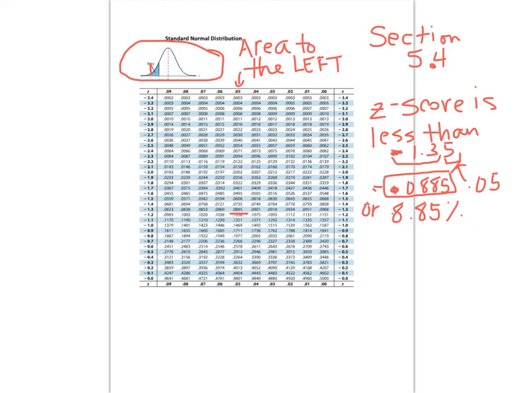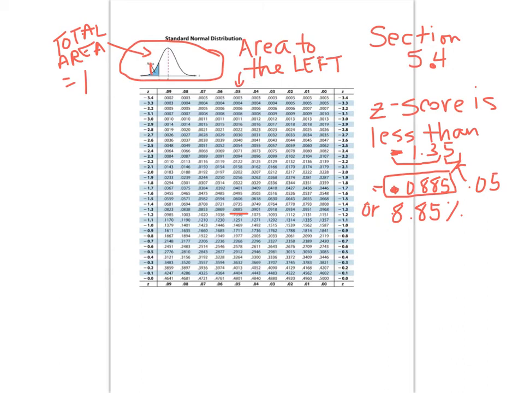If you're looking for probabilities greater than, we have to think about the whole area under the curve here at the top. The total area is equal to 1. You could think of it as 1 or 100%.